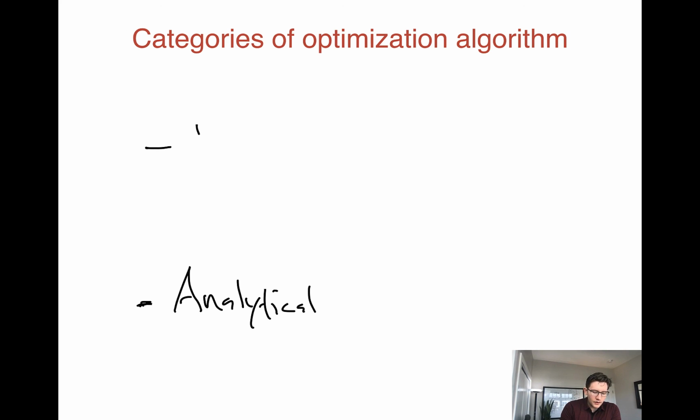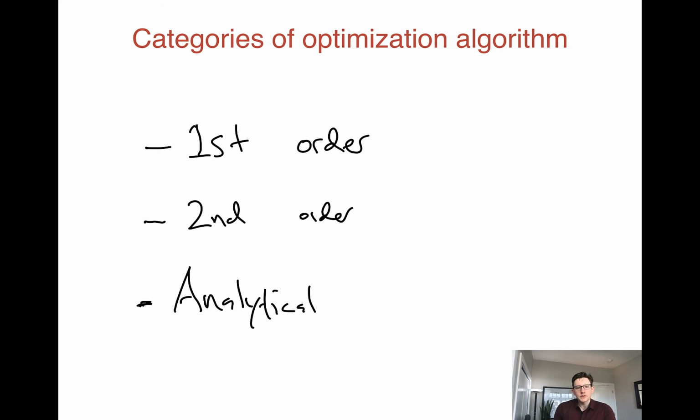The first one we're going to look at, we call first order optimization algorithms. These are gradient-based algorithms: gradient descent, stochastic gradient descent. We call them first order because they involve using the first derivative of our log likelihood function. We're not going to talk about them today, but there exist very many methods that one might call second order optimization algorithms that involve using the second derivative of our likelihood function.